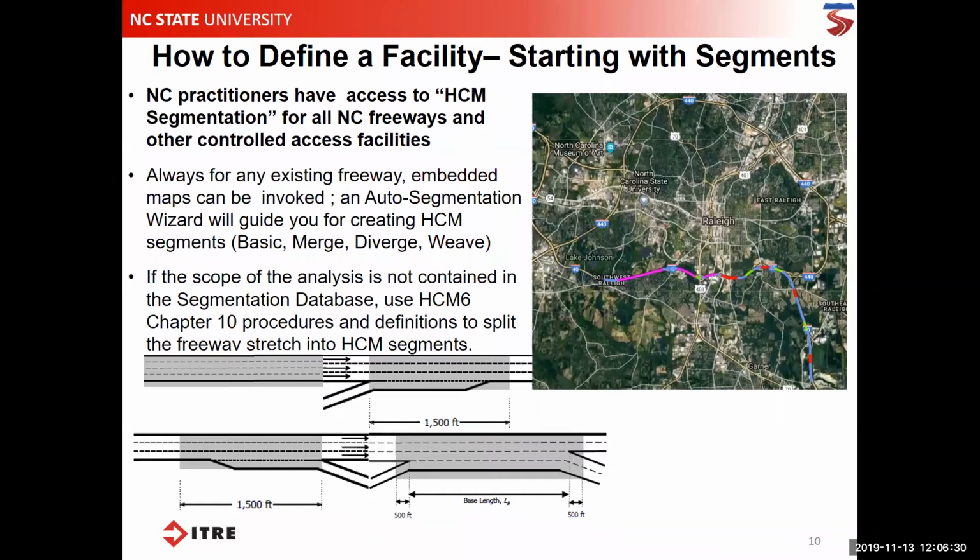If you look at the map on the right, you can see several different colors. These are indicative of the different types of segments that have been coded. So one way we can implement this in the FREEVAL model is to basically identify mileposts at the beginning and ending of each facility, and those geometric attributes will automatically be loaded into the software, which is the easiest way to do it.